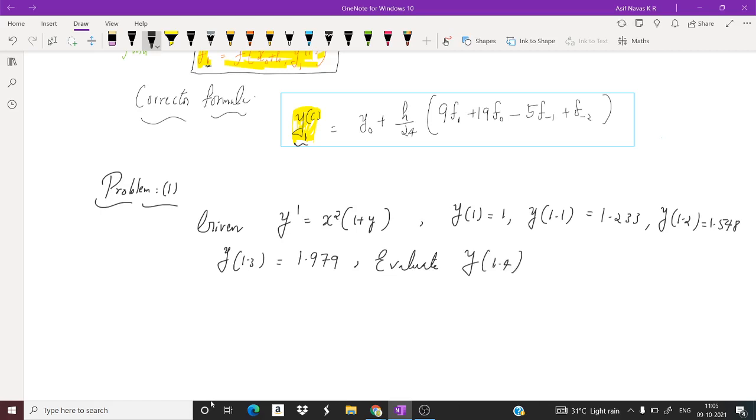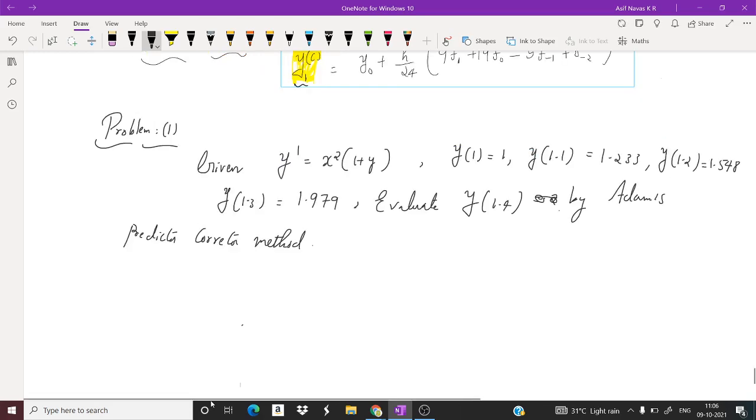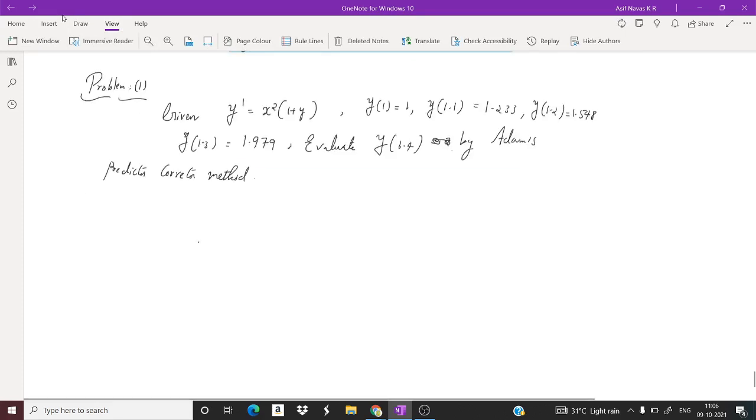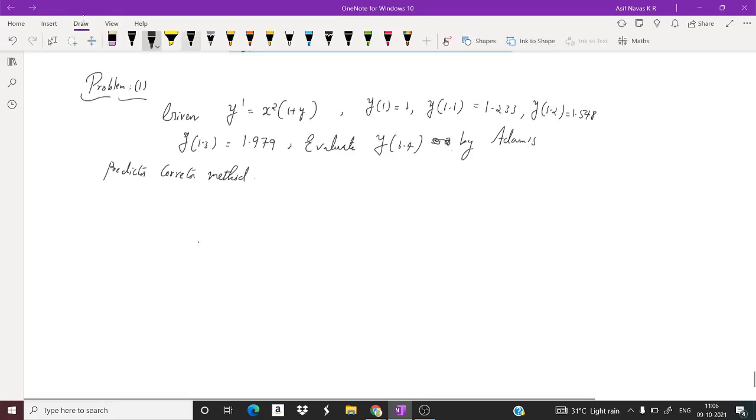So here x1 is 1.4, by the Adams predictor-corrector method.